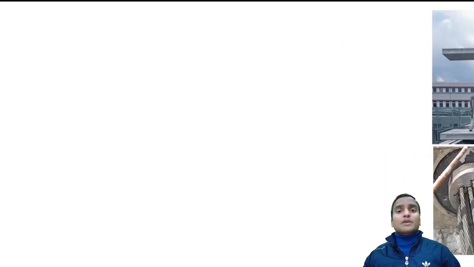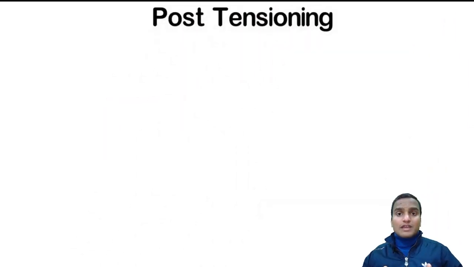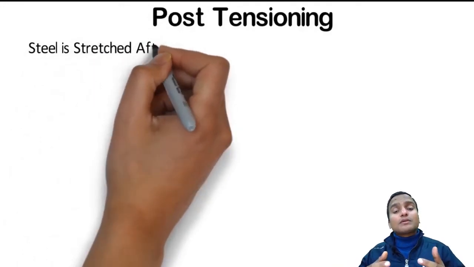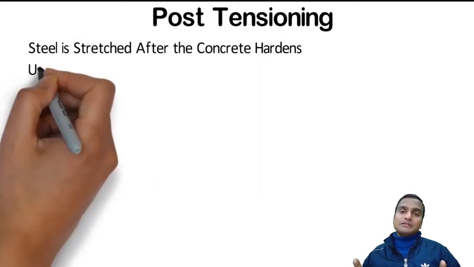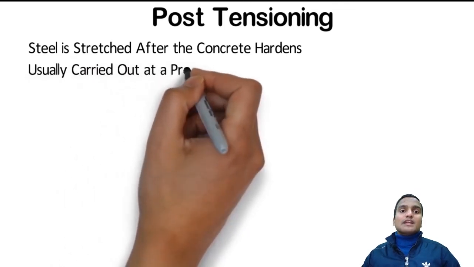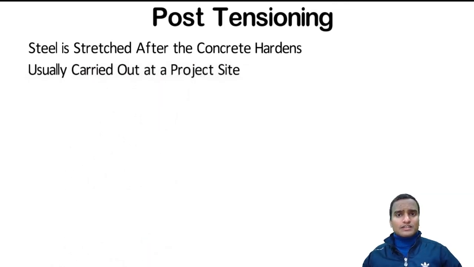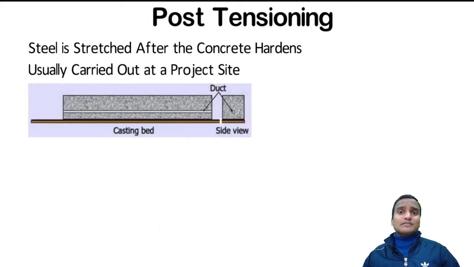Next is post-tensioning. As the name suggests, we tension the tendons after concreting is done. Here the steel reinforcement is stretched after the concrete hardens completely. It is usually carried out at the project site, whereas pre-tensioning was usually done in the shop or industries.